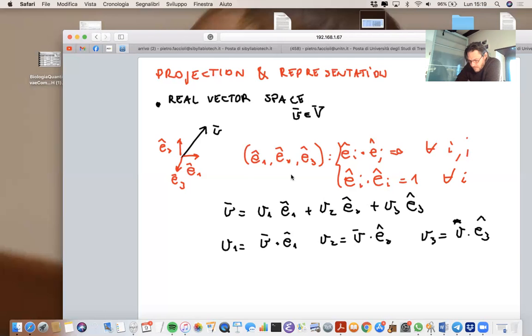This representation in an orthonormal basis is unique, meaning that once you choose the basis, there's only one way.